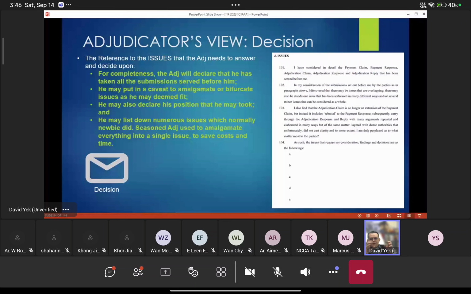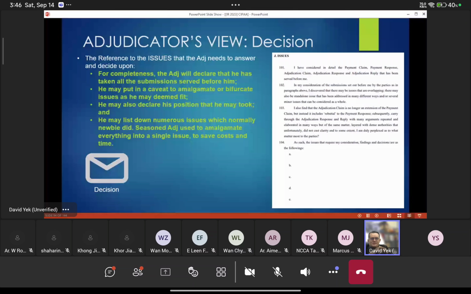So for completeness, the adjudicator will declare that he has taken all submissions served before him. This is to safeguard himself. Then he may put certain caveats. Sometimes he will amalgamate or bifurcate the issue. Sometimes the party may raise 2 issues which are almost the same. You can join them together, or he can take 1 issue and break it down into 2. Okay.